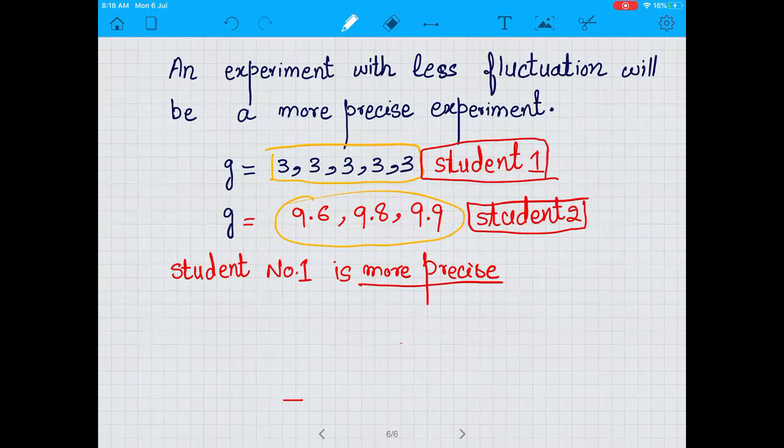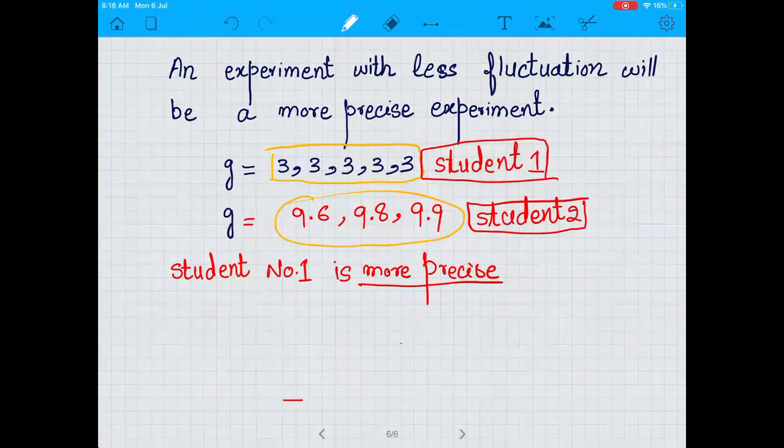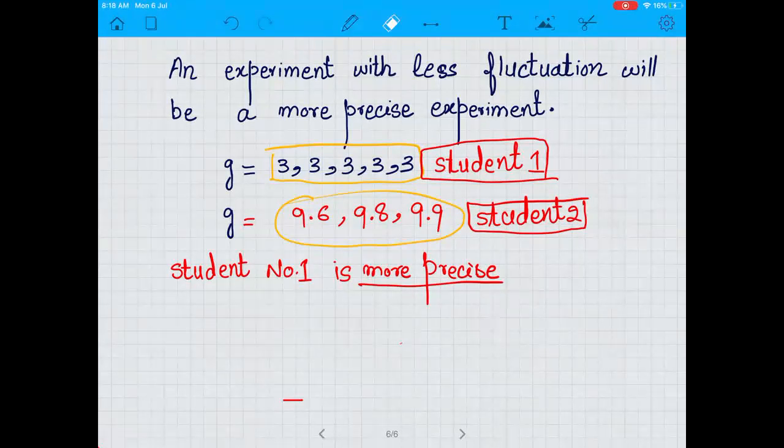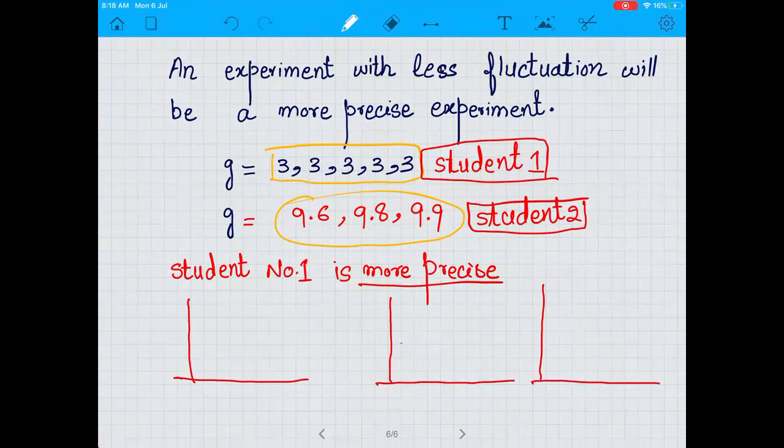Now, for example, if you get a situation in which some students collect data for the calculation of a quantity and their data are plotted, what you see was, let's suppose, one of the students achieves this data, the other student achieves this data, the other student achieves this data.